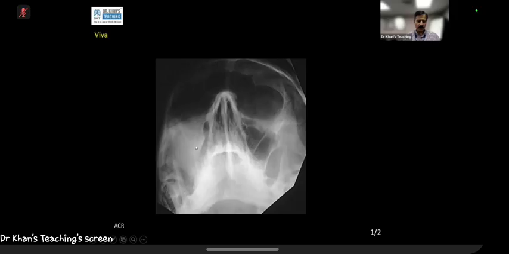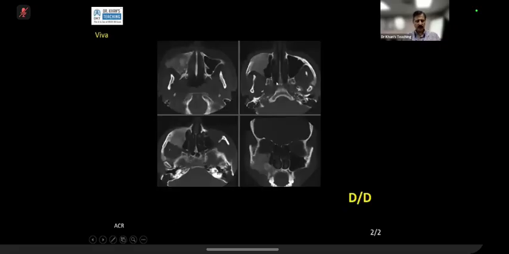So it is not causing complete obliteration of the sinus. Then on a CT scan, it is clear that this is a bony lesion involving the maxillary bone as well as the zygomatic bone. The configuration is classical ground glass. So this is fibrous dysplasia.